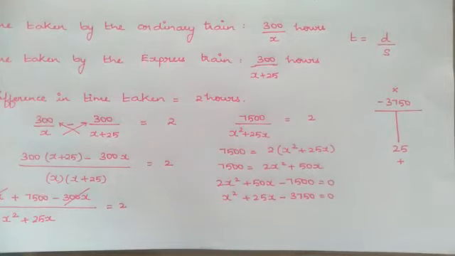Let's split 3750 into factors, using the 5 tables. 5 7s are 35, 5 5s are 25, 5 1s are 5, 5 3s are 15, 5 6s are 30, 2 3s are 6, 3 1s are 3. By this we have split 3750 into prime factors. It is 5 into 5 into 5 into 5 into 2 into 3.